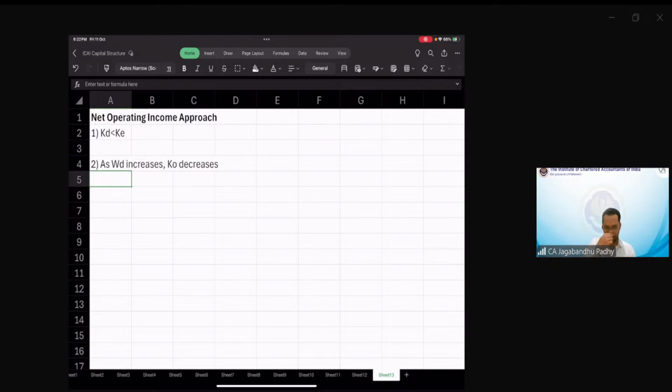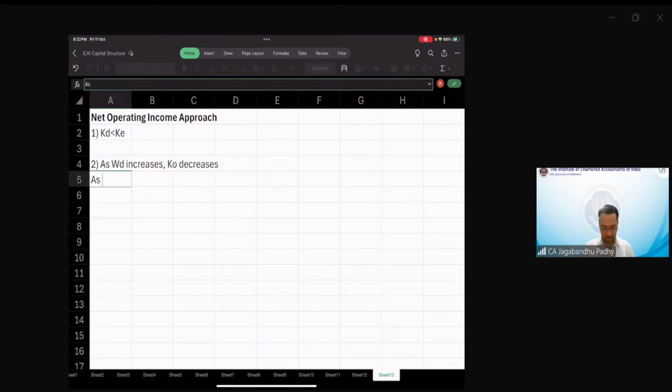Now the point is, as the weightage of debt is increasing, there will be a side effect of it also. As the weightage of debt increases, KO decreases. That is agreed. But what is the side effect?